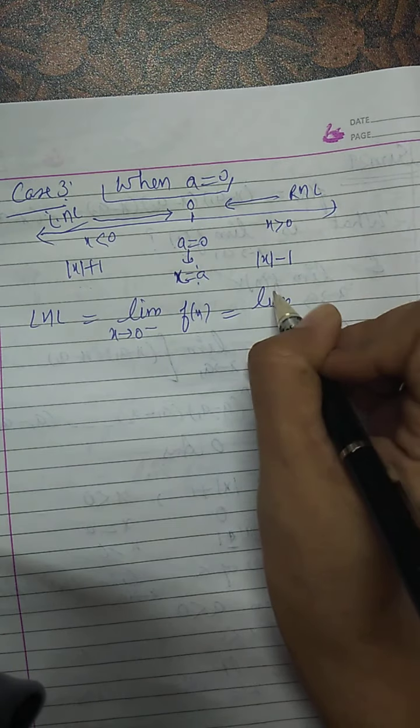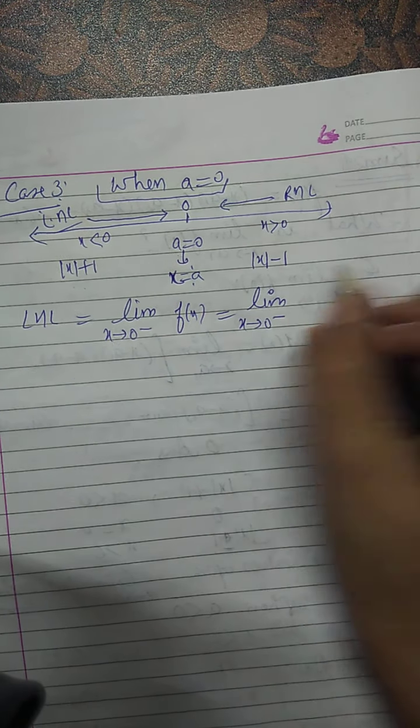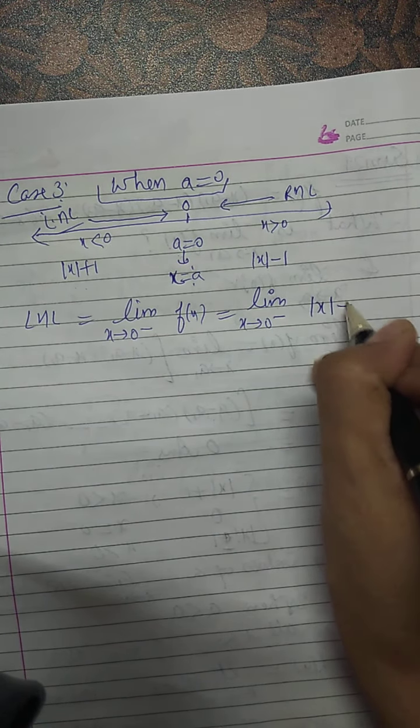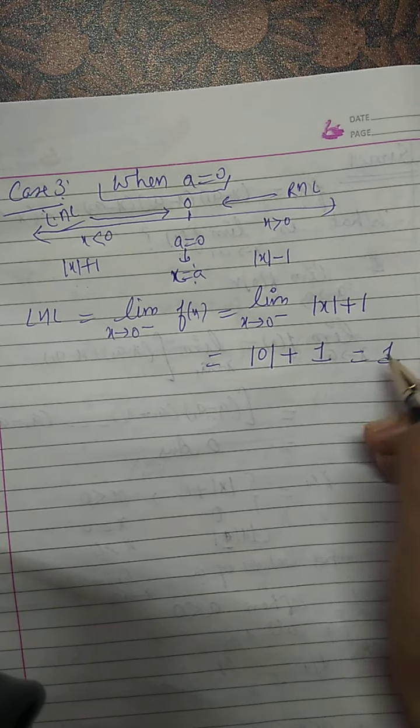So here LHL will be limit x approaches 0 from left. Let us apply limit x approaches 0 from left. The function is mod x plus 1. Let us apply the limit. It will be mod of 0, directly also I can do, plus 1. So the answer is coming here plus 1.